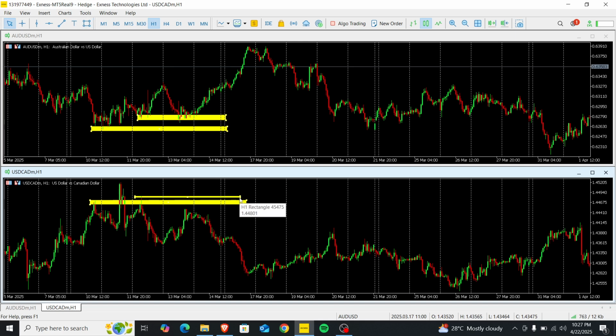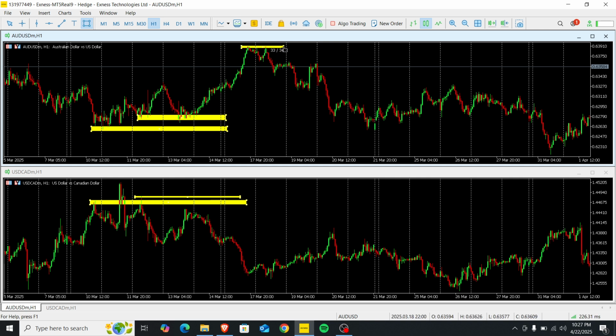But because we're majorly focused on USD, as you can see, we have USD here and we have USD here. So we'll be focused on buying the USD. So what that means is we'll be focused on a sell on AUDUSD and a buy on USDCAD. And here is a very good example right here, right?